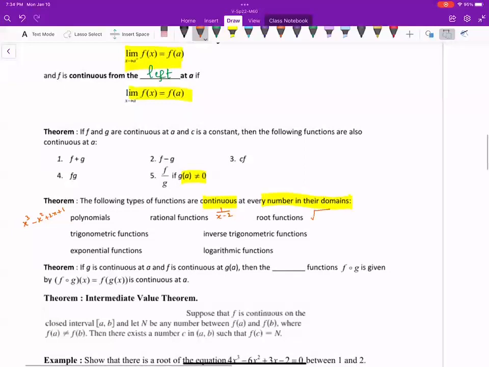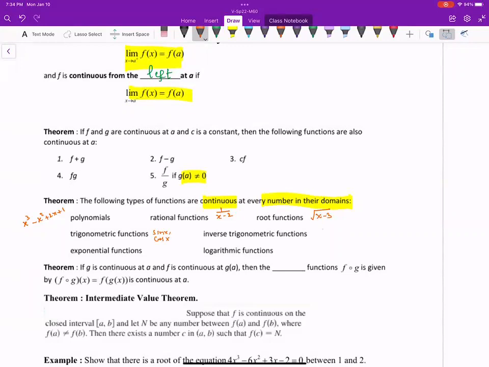Radical functions. If I consider the square root of x minus 3, it is continuous for all values greater than or equal to 3, because that makes the radicand positive or 0. So the root functions. Trigonometric functions, so it's sine x, cosine x, all those functions.